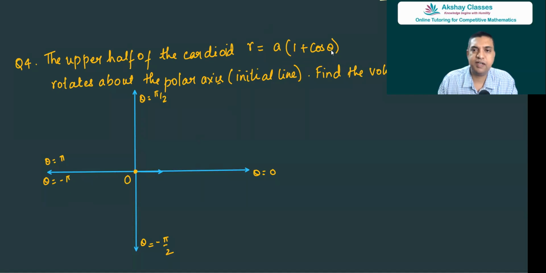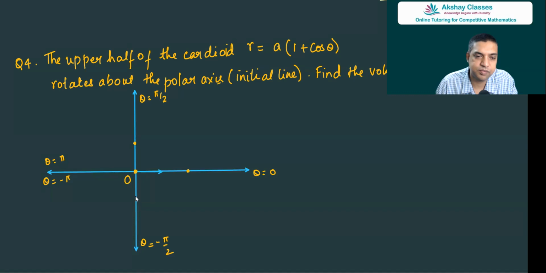Now cardioid, when theta equal to 0, cos theta is 1. So r will be equal to 2a. And when theta equal to pi by 2 or minus pi by 2, cos theta will be 0. So r will be equal to a. So when theta is pi by 2, the distance from the origin will be half of this distance.